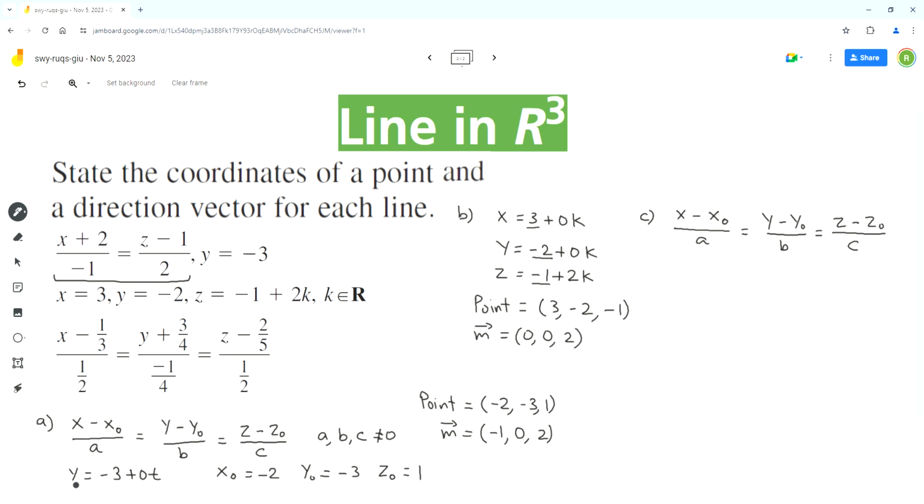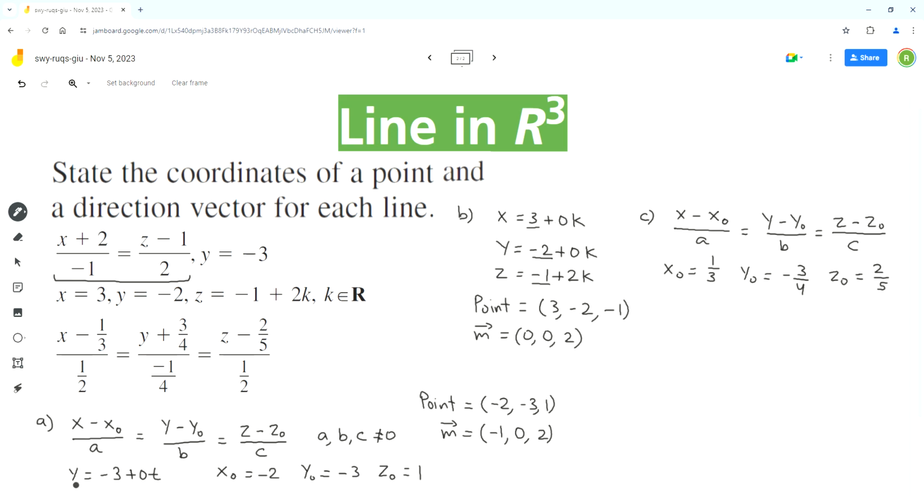So as per the given equation, x0 is equal to 1 over 3, y0 is equal to negative 3 over 4, because the sign of 3 over 4 in the equation in the numerator is positive, and z0 is equal to 2 over 5.